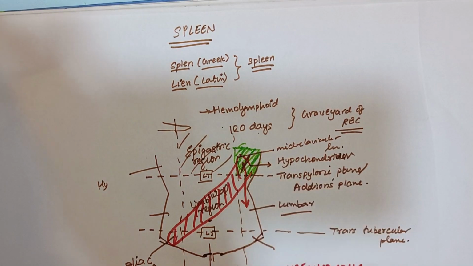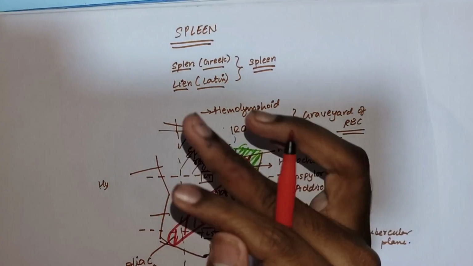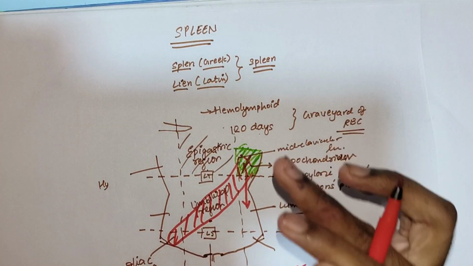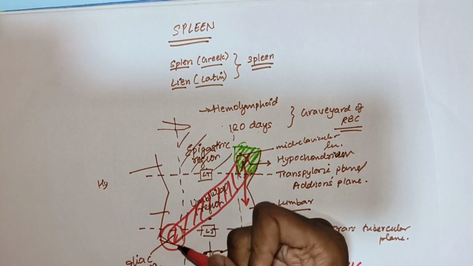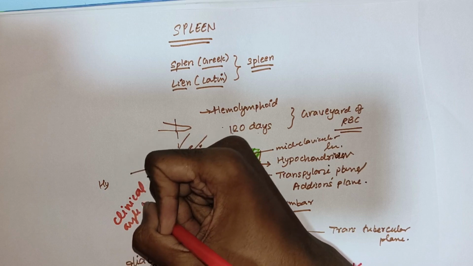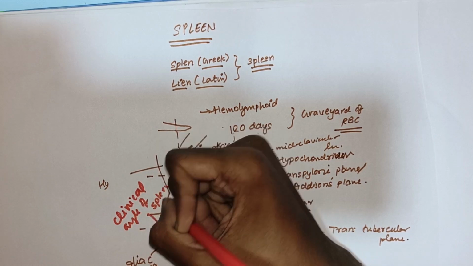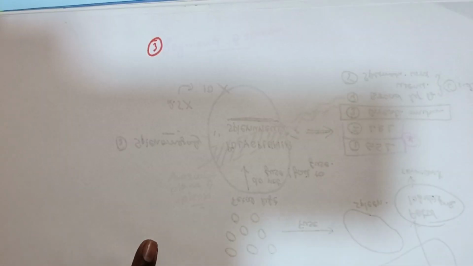When the clinician palpates for the enlarged spleen, the first prominence that he feels is the anterobasal angle. Therefore it is known as the clinical angle of the spleen.